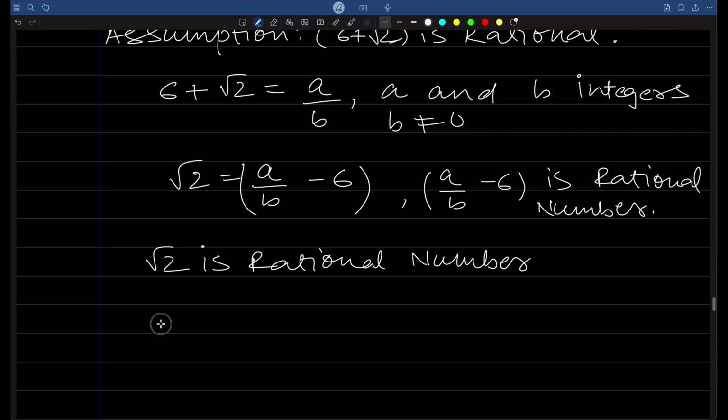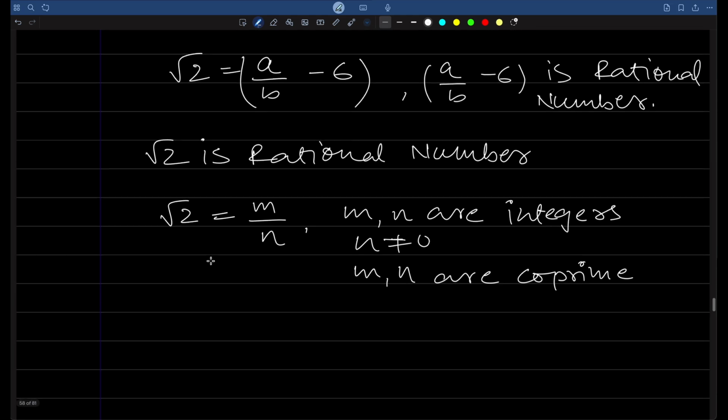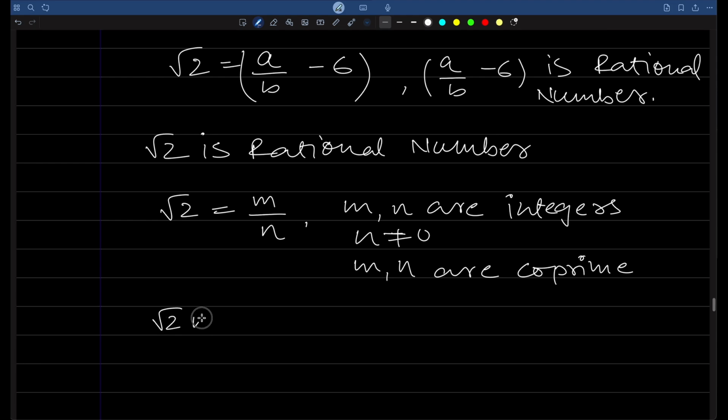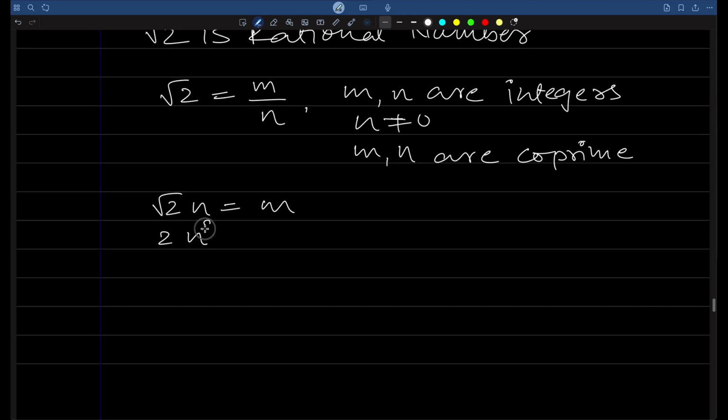If root 2 is a rational number, we can represent root 2 equals m upon n, where m and n are integers, n not equal to 0, and we assume that m and n are co-prime. So root 2 n equals m. Squaring both the sides, we get 2n square equals m square.